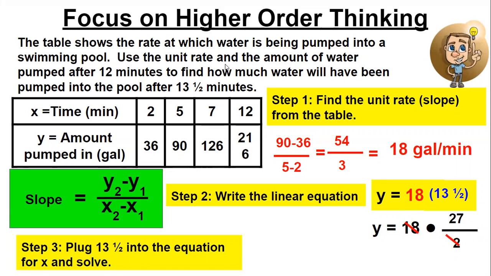Okay, so we cancel out the 18 and the 2, we get 9 and we get 1. So we're just multiplying 9 times 27 on the top, and then it'll just be over 1. So 9 times 27 is 243. So the answer to the question is, after 13 and a half minutes, 243 gallons will be pumped into the pool.